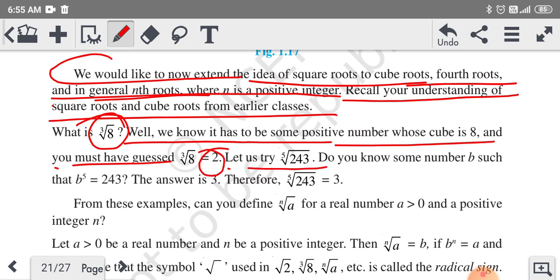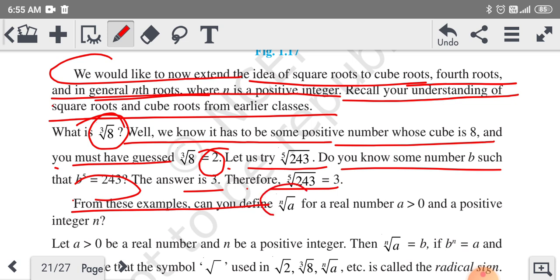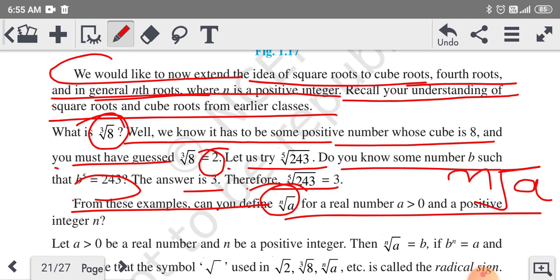Let us try the fifth root of 243. Do you know some number b such that b to the power 5 is equal to 243? The answer is 3. Therefore the fifth root of 243 is equal to 3. From these examples you can define the nth root of a for a real number a greater than 0 and a positive integer n.